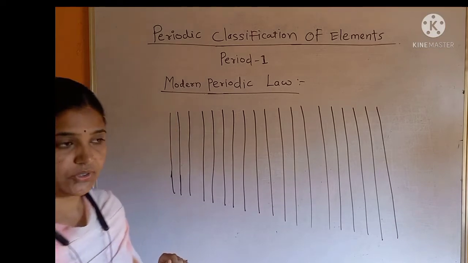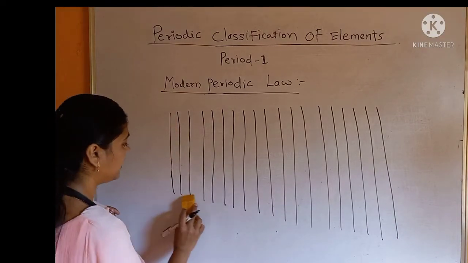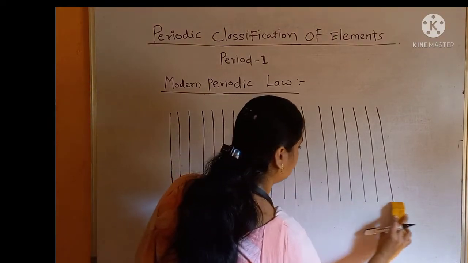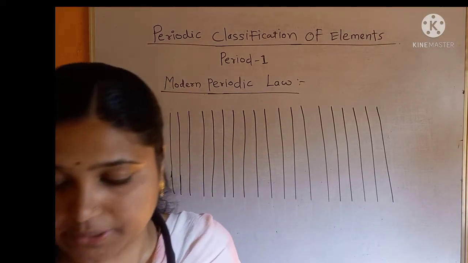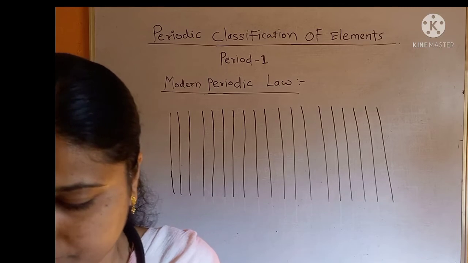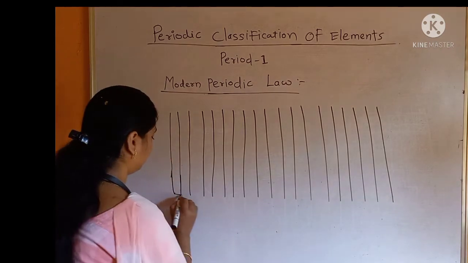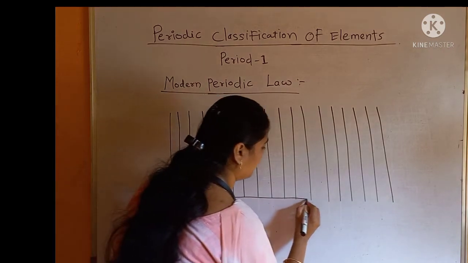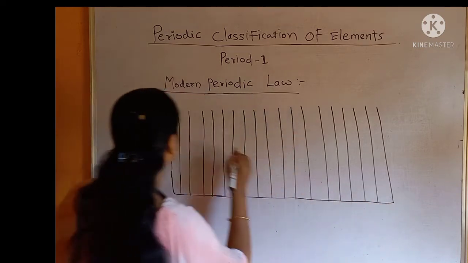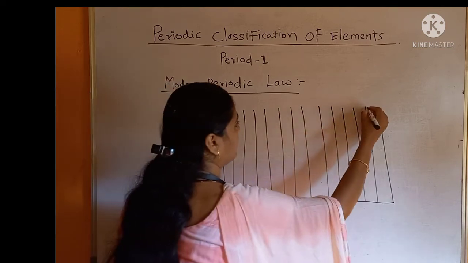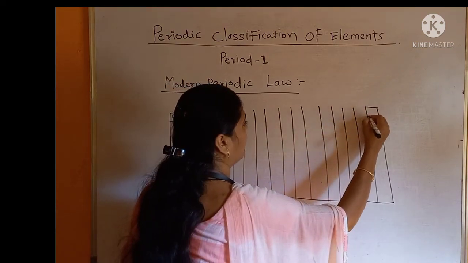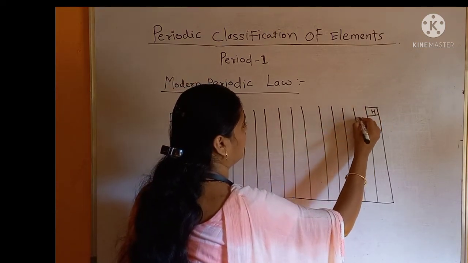These are the 18 groups present in the periodic table. Here is the position of hydrogen, and this is the position of helium, He.